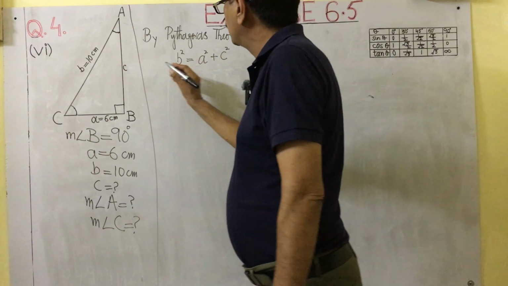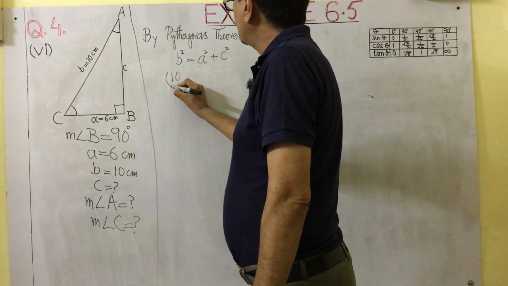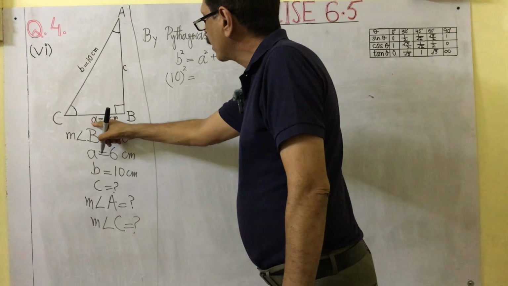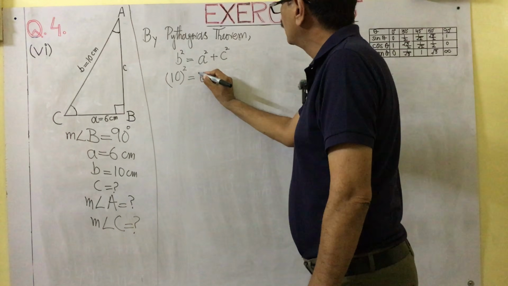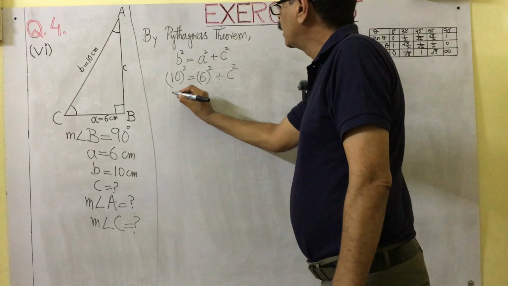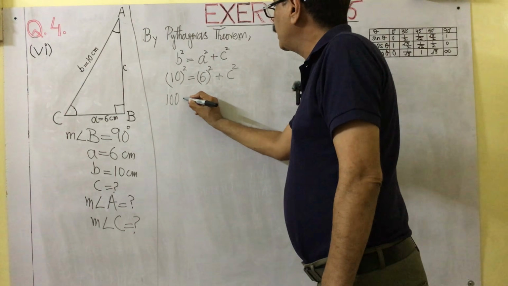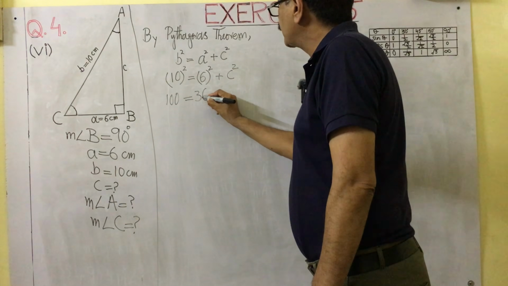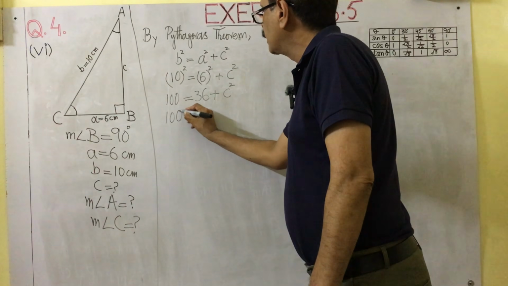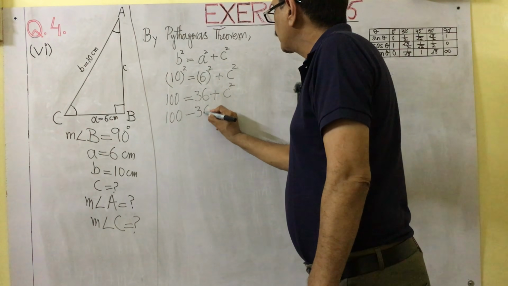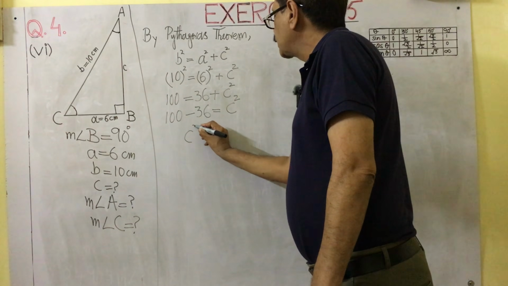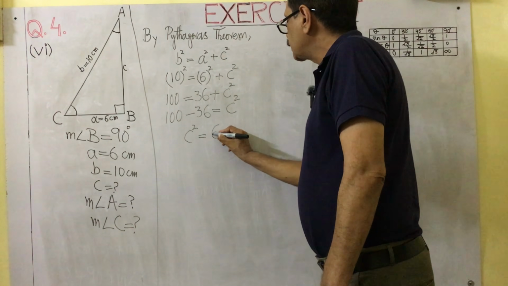Putting the values, 10 square is equal to 6 square plus C square. 10 tens are 100, 6 sixes are 36 plus C square. 100 minus 36 is equal to C square. So C square is equal to 64.